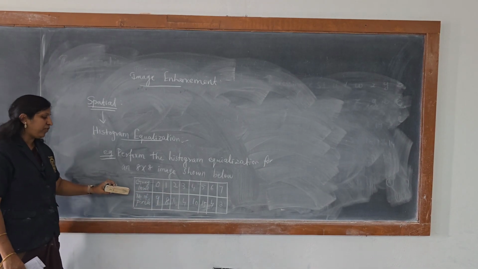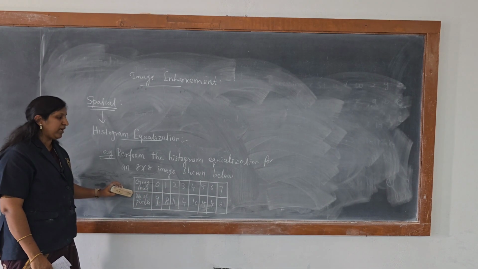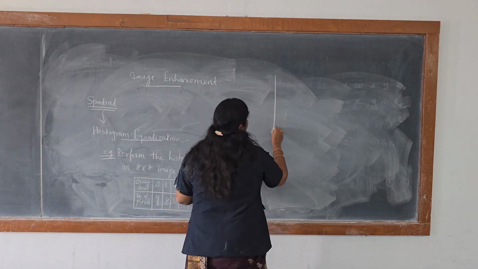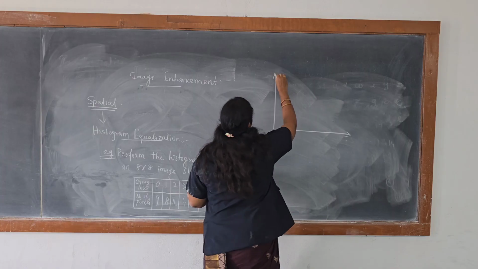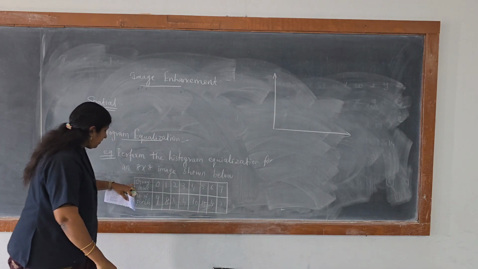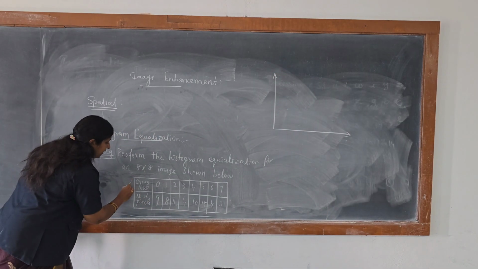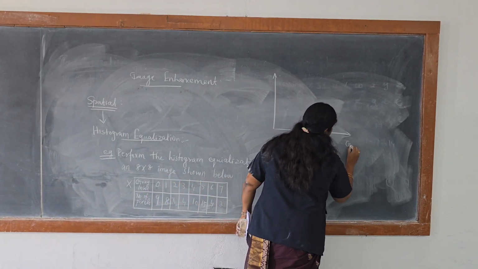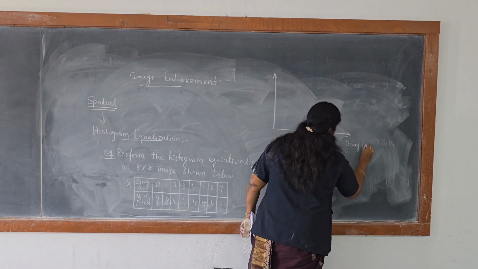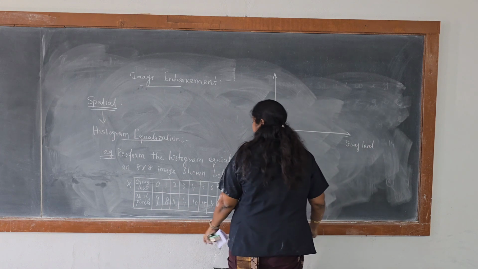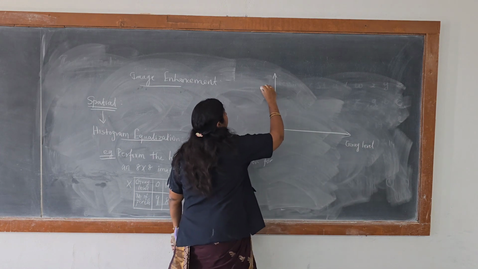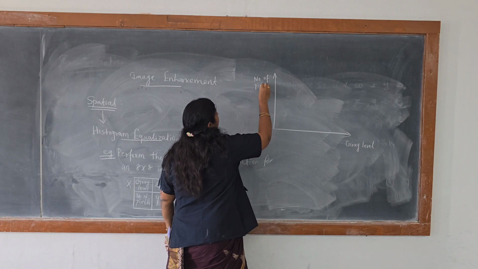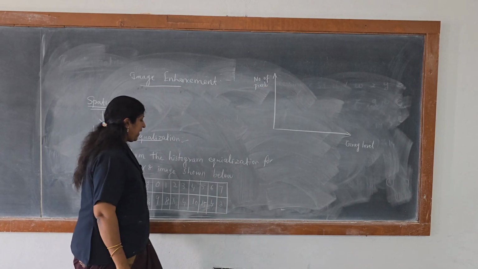So first, for the given input image, we can draw the histogram chart. We can consider gray level as the x-axis value and number of pixels as the y-axis value.